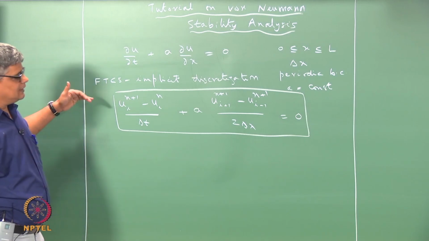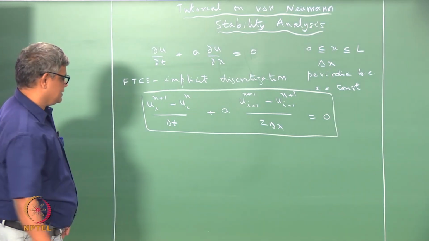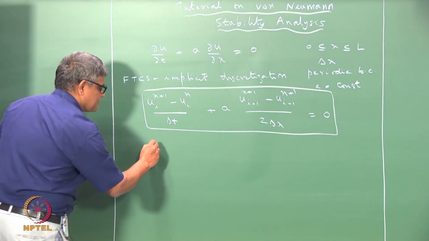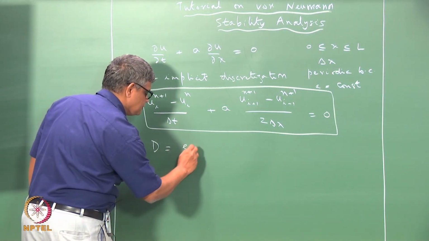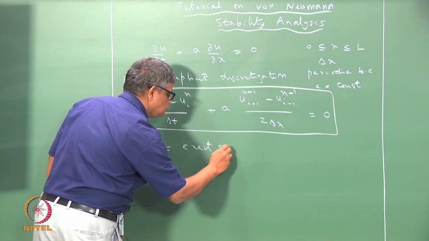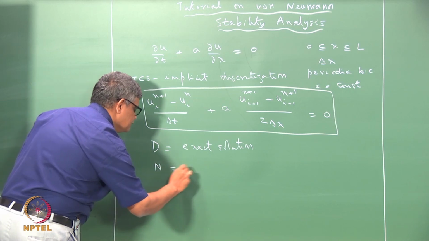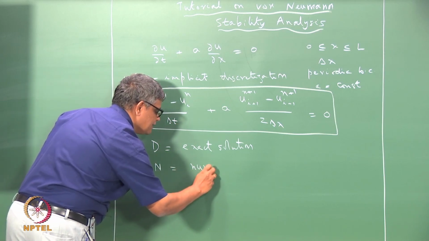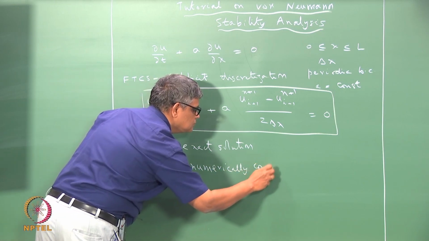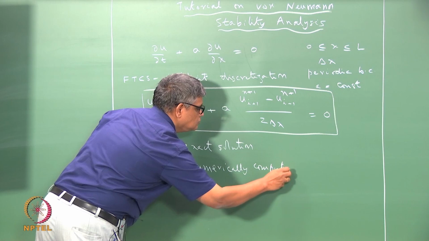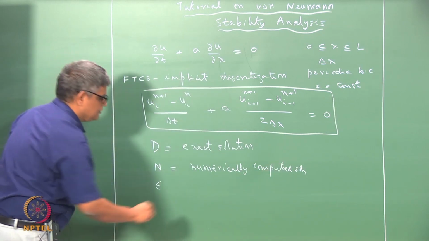So, when we have a scheme like this and we want to investigate the stability using the von Neumann stability analysis, we consider D to be the exact solution and N to be the numerically computed solution, and epsilon to be the error.